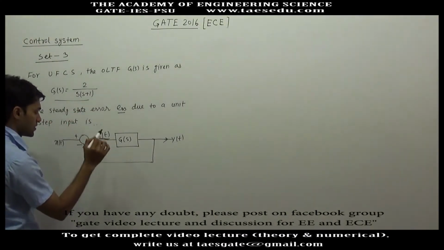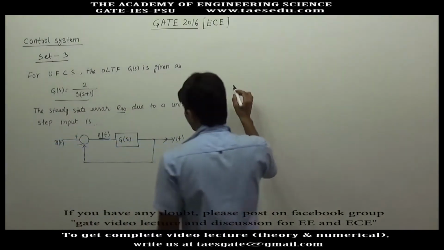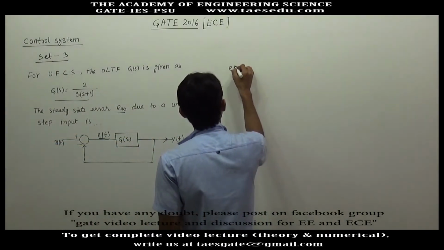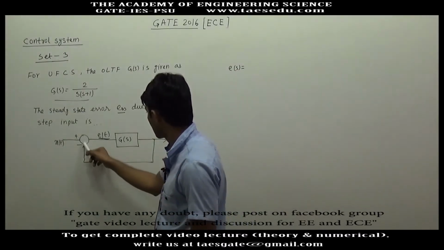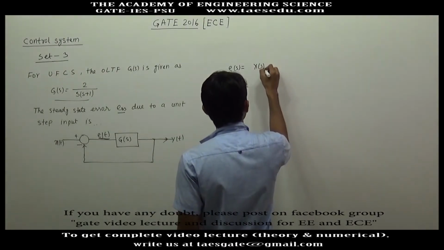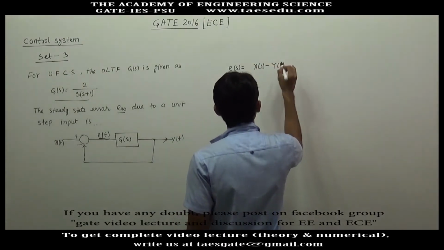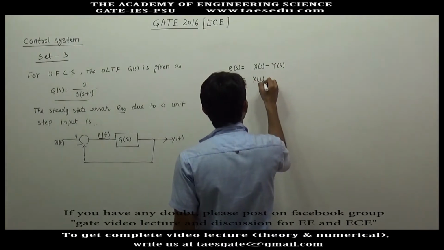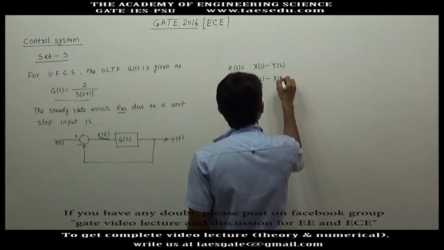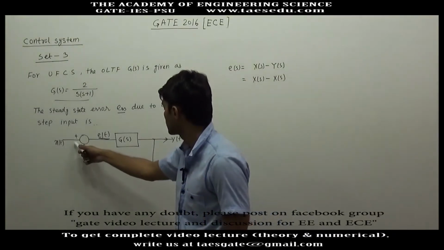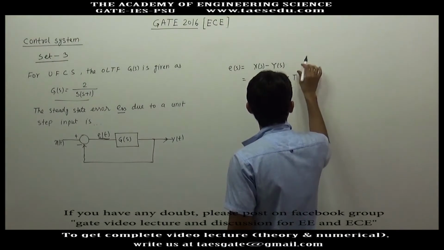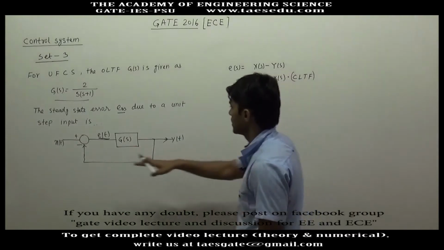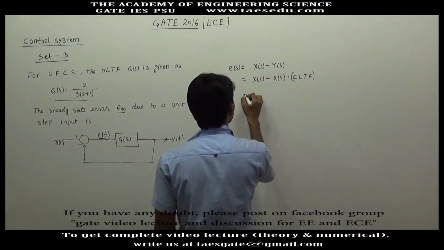So the Laplace of the steady state error E(S) will be Laplace of input minus Laplace of output, X(S) minus Y(S), and Y(S) will be X(S), the input, into the system transfer function, the closed loop transfer function. Y(S) will be input into closed loop transfer function.